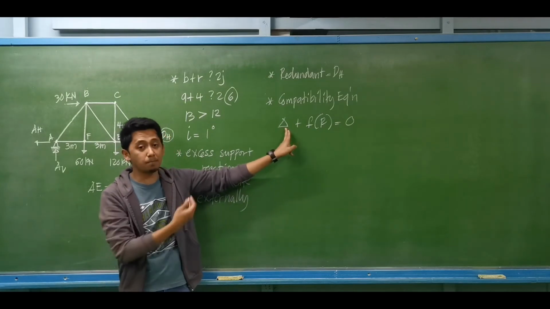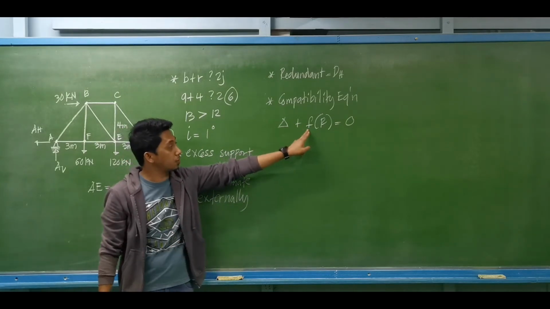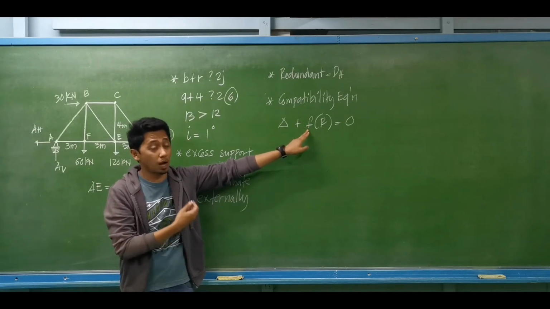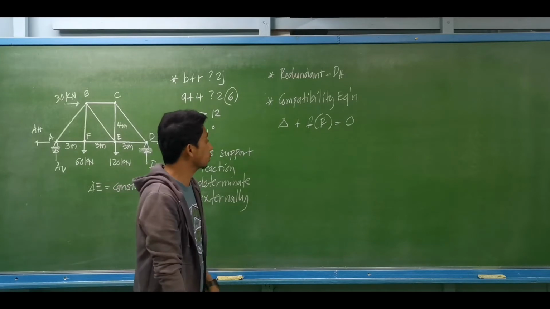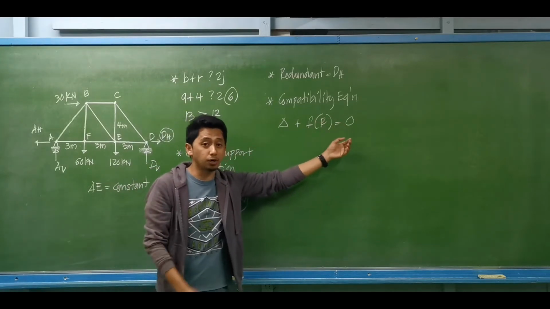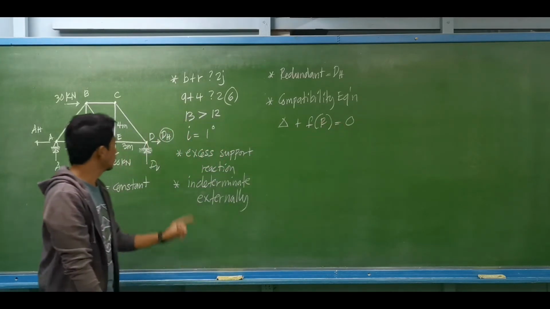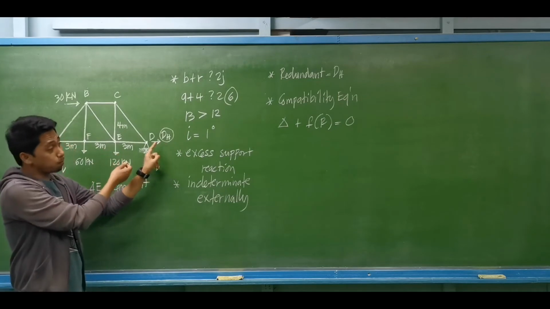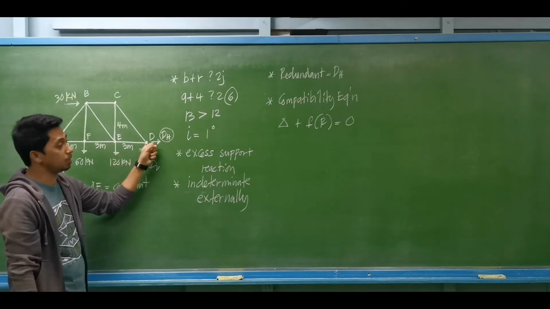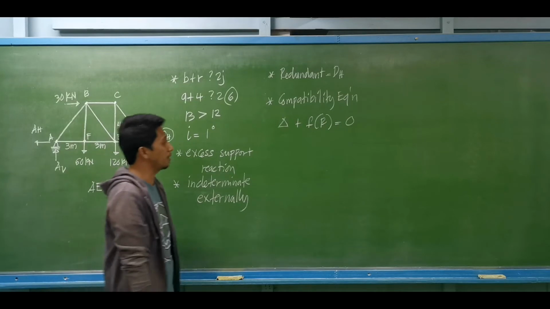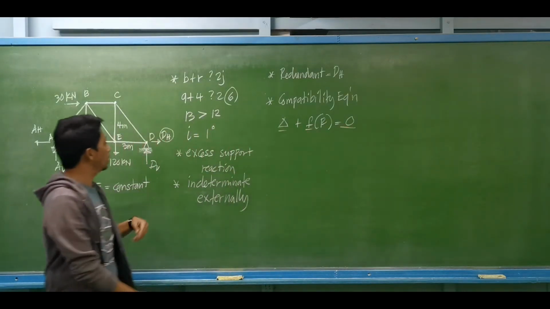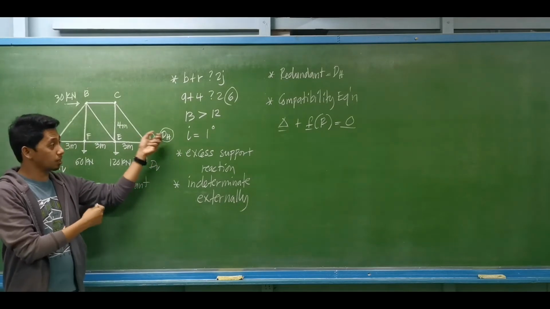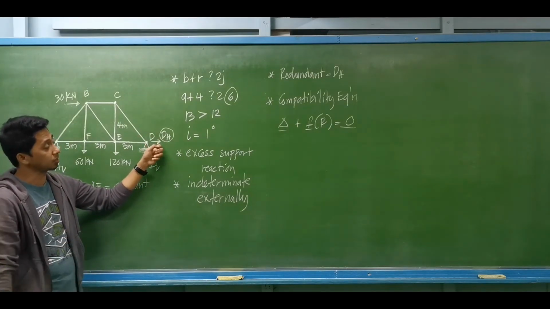Since at the redundant, in this case point D, there is no actual deflection, the summation of work at this joint is equal to 0.